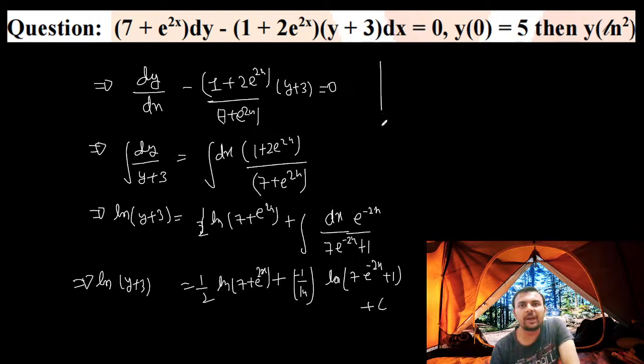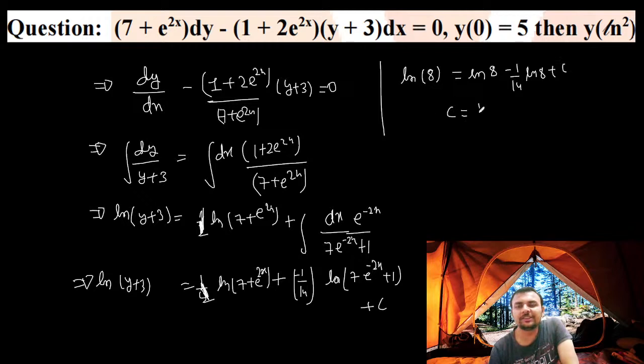We'll put y 0. That means x is 0. It will become ln 8, and it is minus 1 by 14 ln 8 plus c.